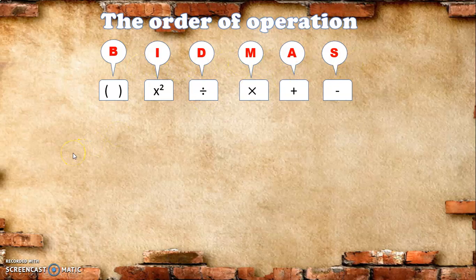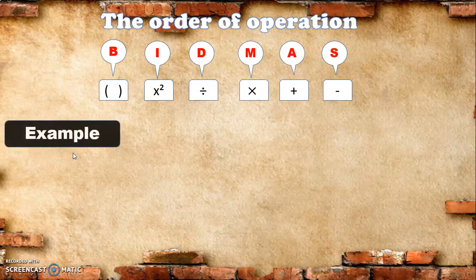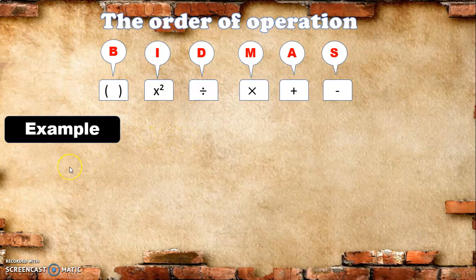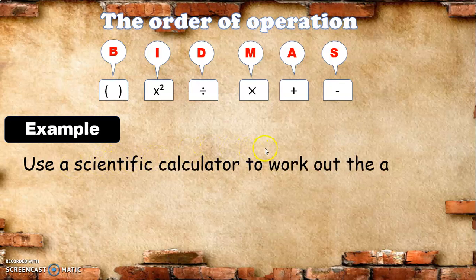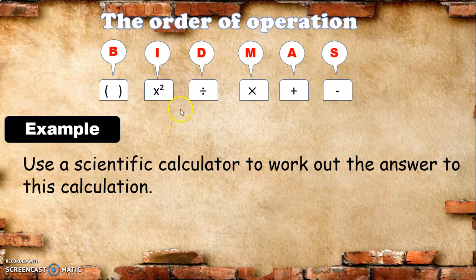Now, the same thing if we use a scientific calculator. Let us use a scientific calculator to work out the answer to this calculation. Remember, in a basic calculator, you will not get the right answer, so you need to use a scientific calculator.